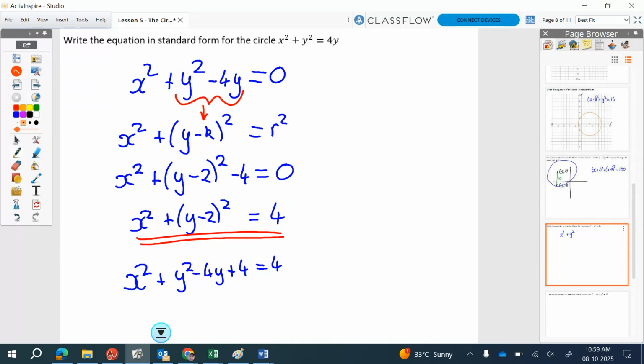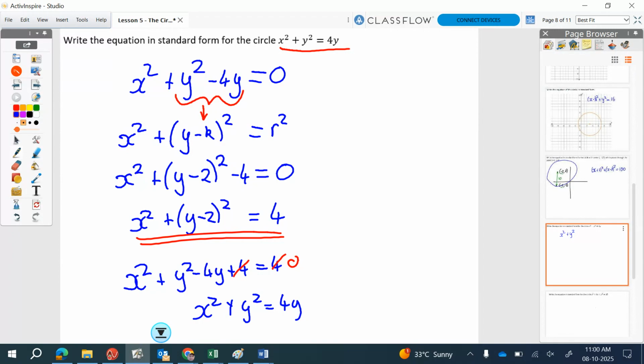If we cancel, we come back to the original equation, x squared plus y squared equals 4y.